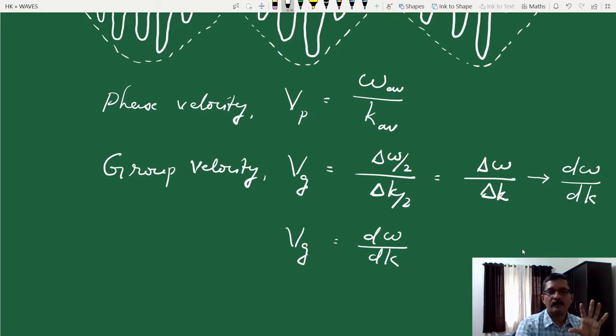Okay, so this is the idea: if you have a resultant wave with the superposition of a large number of simple harmonic waves, it will have a phase velocity, which is the ratio of average angular frequency by average wave number, and the group velocity will be rate of change of angular frequency with respect to wave number.